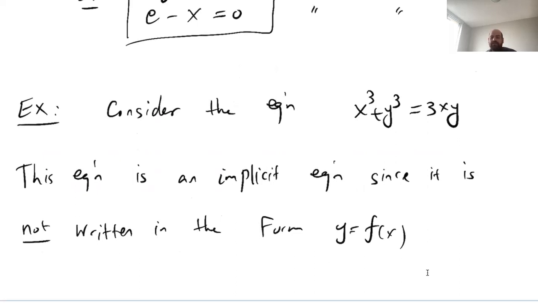See, on the left-hand side, you don't have just a y, you have x cubed plus y cubed, and the right-hand side is again not just a function of x, you have 3xy. So there's a mixture of x and y, which means that this equation is an implicit equation. x and y are mixed, and just the connection between them is given.